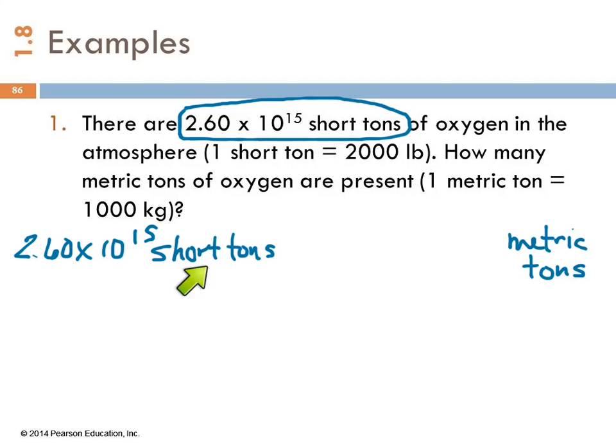So here we are at short tons and we have to figure out how to get to metric tons. Oftentimes there's more than one path, just like there's more than one way to get from Reedley to Fresno. I'm just kind of exploring the different ones because it gets boring doing the same one over and over again. But sometimes there's an easier way and there's a harder way.